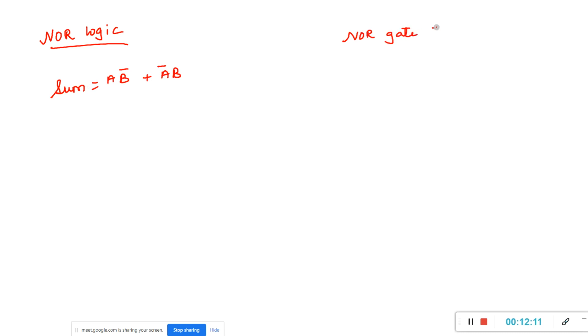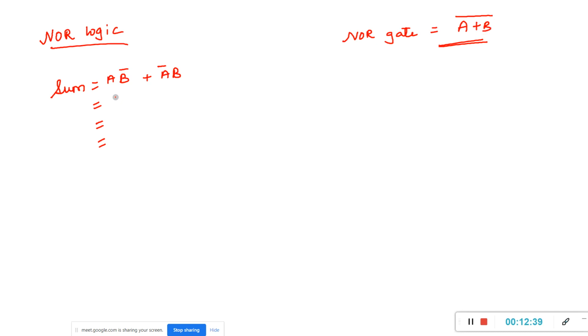A plus B whole bar. At the end, when I do some reduction, I should get this type of NOR gate expression, A plus B, because I am implementing it in NOR logic. So I want it to be something like A plus B whole bar. This type of expression I require at the end. Okay.